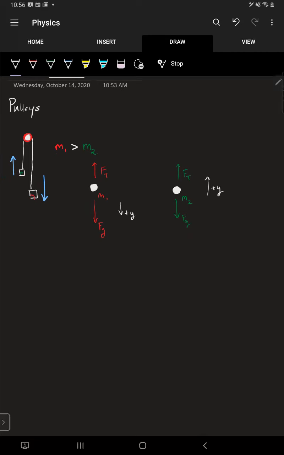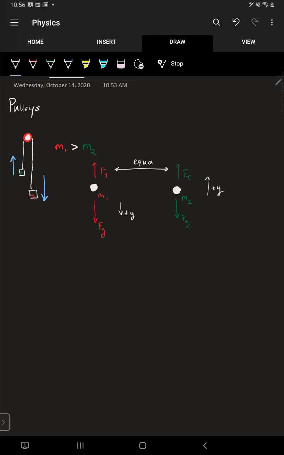If M2 moves down, M1 has to go up. Whereas if M1 were to go up, M2 would have to go down. That's just how a pulley works, right? Because these two things are connected by string, if you pull down on one of them, the other thing goes up, right? In both scenarios, Ft is equal to each other.